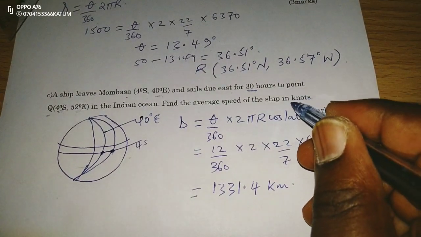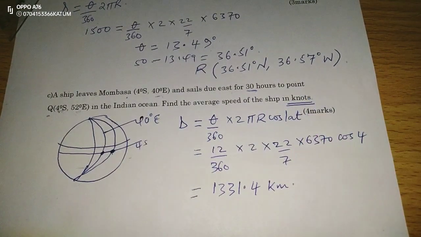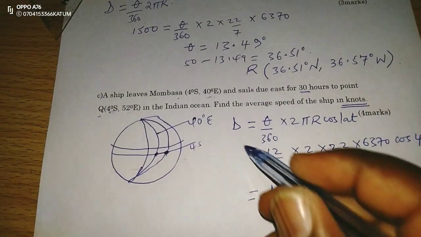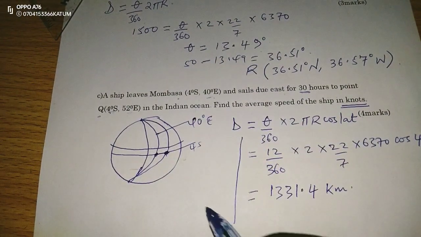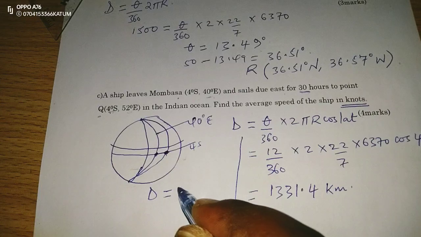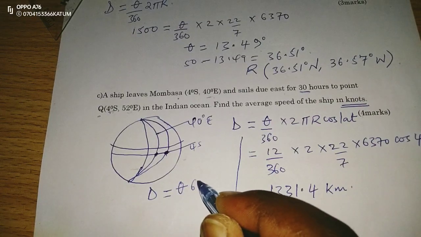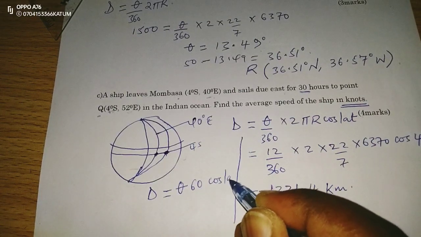But there is a special instruction here. We need the speed in knots, which means the distance should be calculated in nautical miles. In nautical miles, distance is given by theta multiplied by 60 cosine of the latitude.